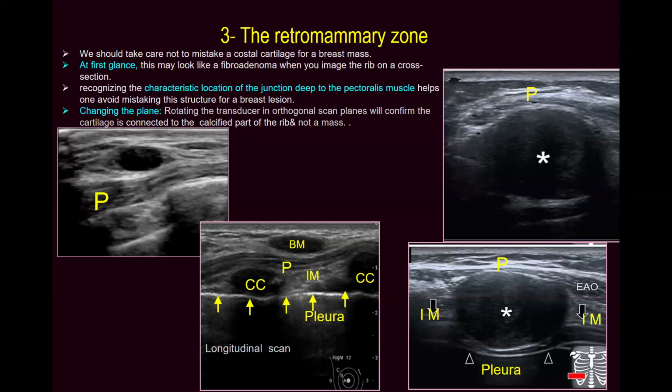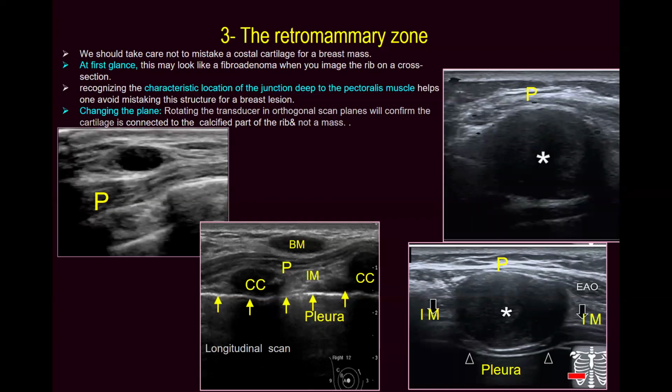We are going from superficial to the deep structures. So if we see it posterior to the pectoralis, most probably it is a costal cartilage, but this is not enough. It can be a lesion arising from the chest wall. We have to change the plane of the transducer.